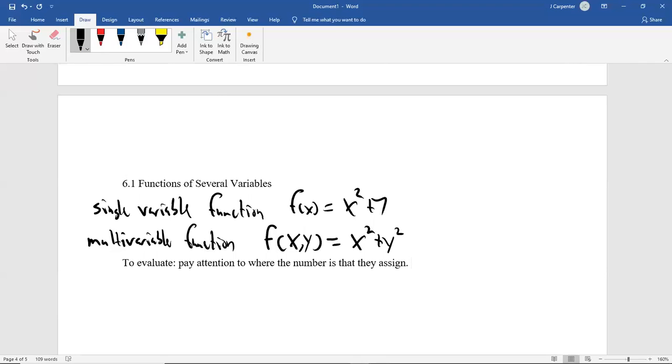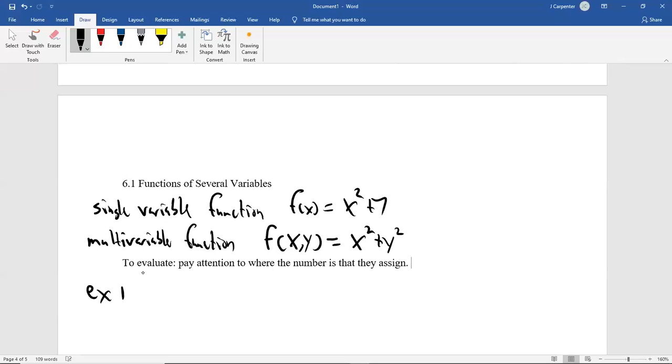So that previous one, if I said, I want to know what f of 2 comma negative 40 is, I'm telling you the x is 2 and the y is negative 40 based on the placement of the numbers. So it tells you what to plug in for what number. I mean, honestly, that's it. That's the entire section. That's 6.1. Let's do some examples, though. And because it's such a simple idea, I'm only going to do a couple examples.